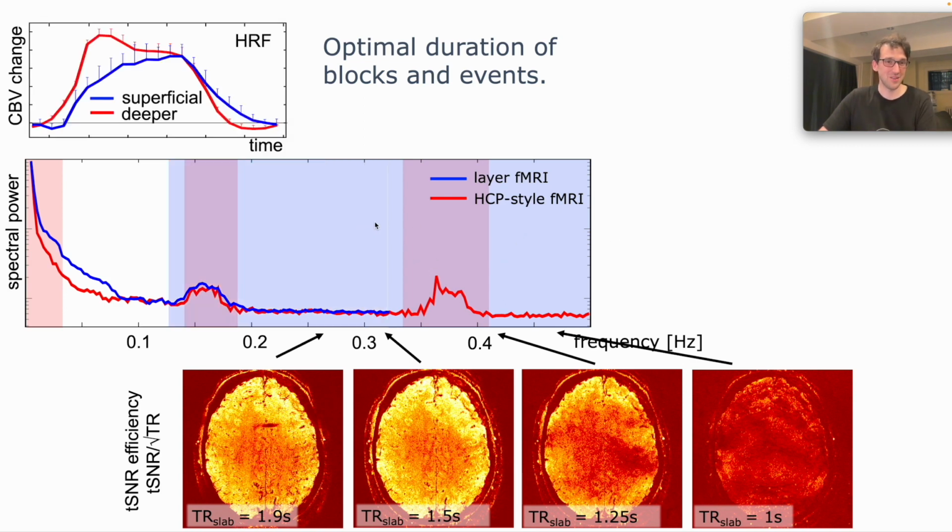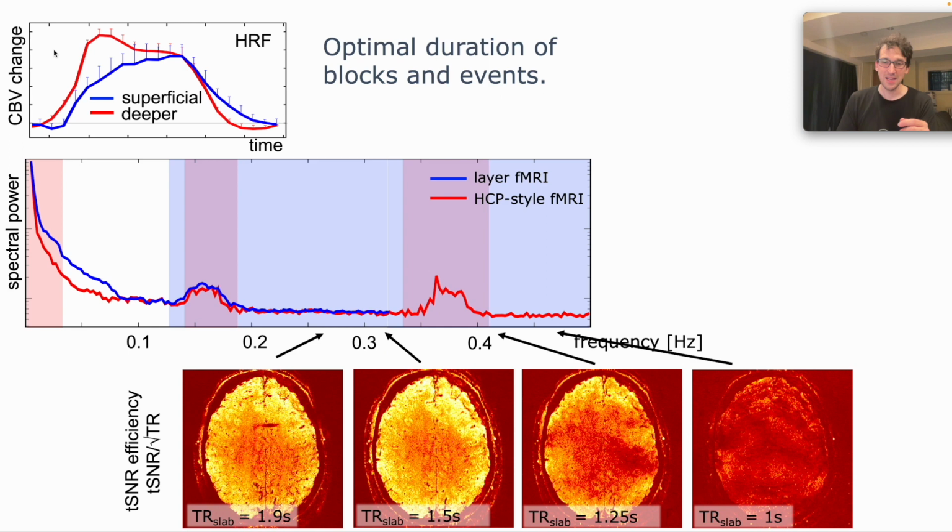Then the next block that is usually blocked out for layer-dependent fMRI is everything in between here, simply because in layer-dependent fMRI, people are often worried about variable HRFs. Superficial layers very often have faster responses compared to the deeper layers, or the other way around, depending on the contrast and protocol you're using.